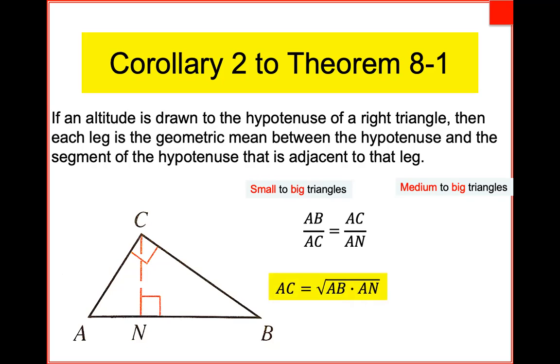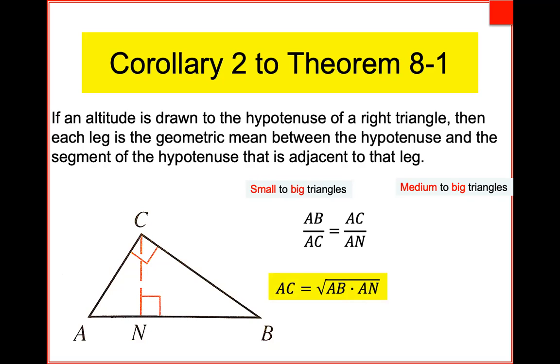So let's look at this one. AC is the hypotenuse of the small, and it's equal to the square root of the big one's hypotenuse, that's AB, times this piece. For some reason, this pattern really sticks with me. This piece is equal to the square root of the whole thing times this piece. Notice that both of these pieces, both AC and AN, are on the left side.